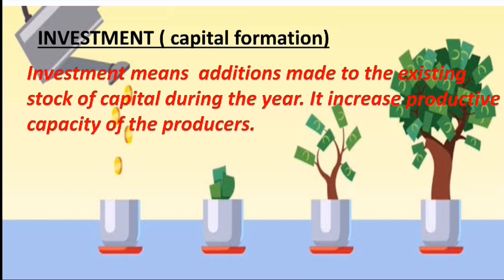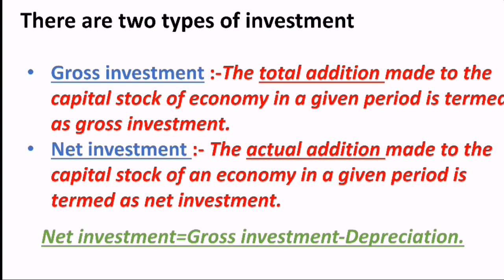Now, investment can be of two types. It can either be gross or it can be net, depending upon whether you are taking the total or the actual amount. See, when I am buying a new machine, my firm already has some machines which are not working properly. So if I am including the value of those machines as well, which are working only partially, as well as the value of new machines, then that would be gross investment.